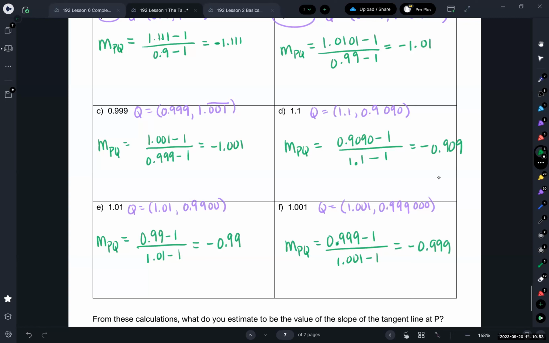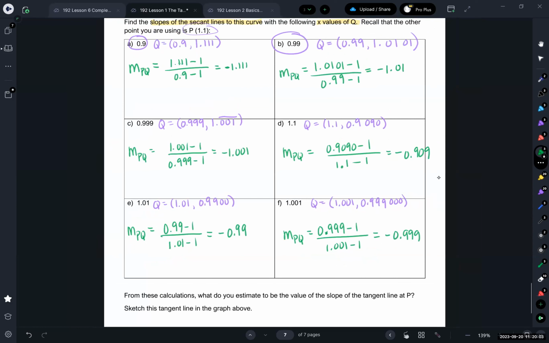Okay, so I've gone through, I've done those calculations, and I have slopes for all 6 of my secant lines. Let's take a minute to just look at what we have. In A, B, and C, you'll notice that all those Q values are just slightly less than 1.